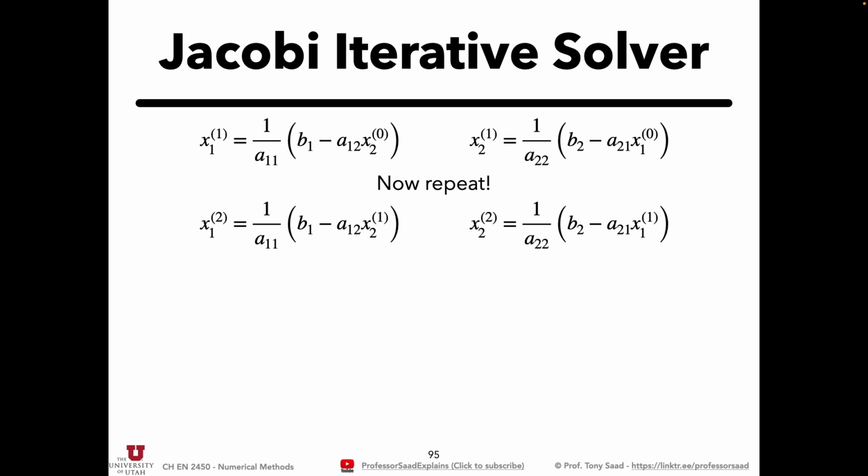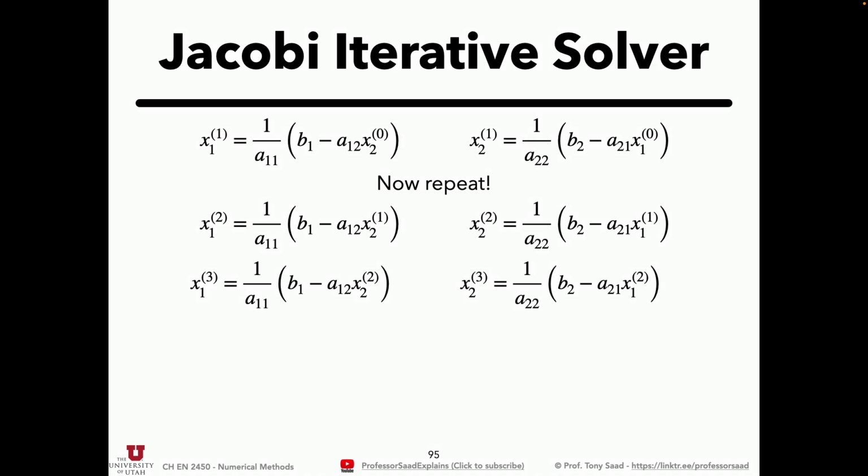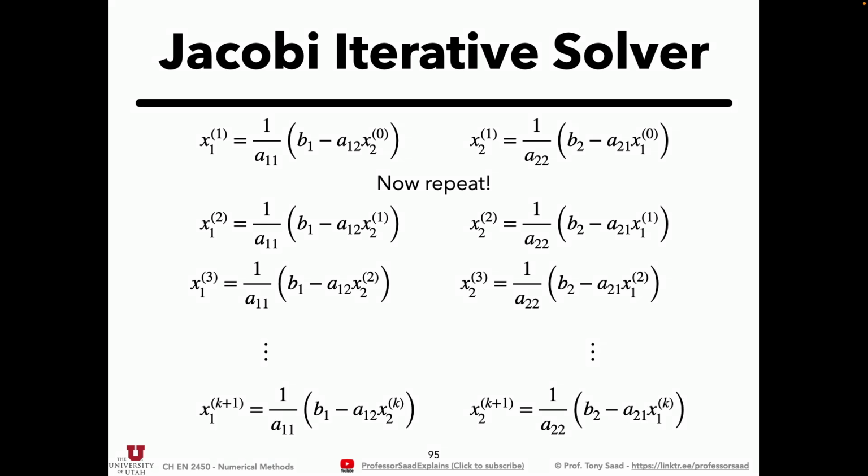There are all sorts of math theorems telling you that if the system of equations is diagonally dominant, this method will converge to the true solution. Again, use x1 and x2 for the second iteration, and apply that same formula. It's the same formula over and over and over again, but you keep changing x1 and x2 all the way ad infinitum, to however many iterations you like.